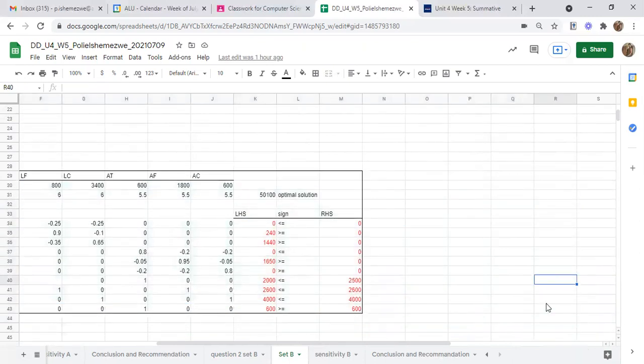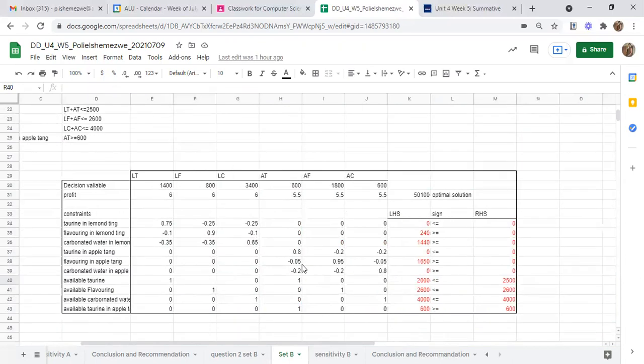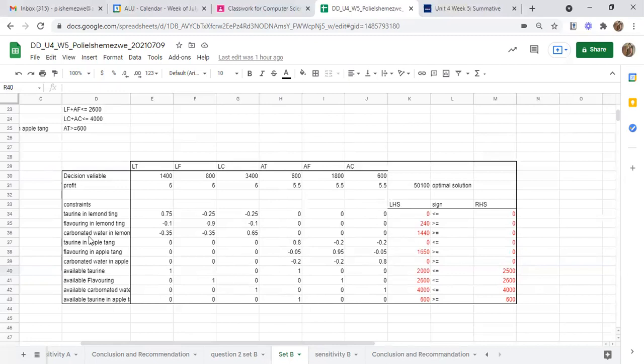Essentially, we input the information we have so far: decision variables, objective function, down to the constraints here, in order to come up with an optimal solution.